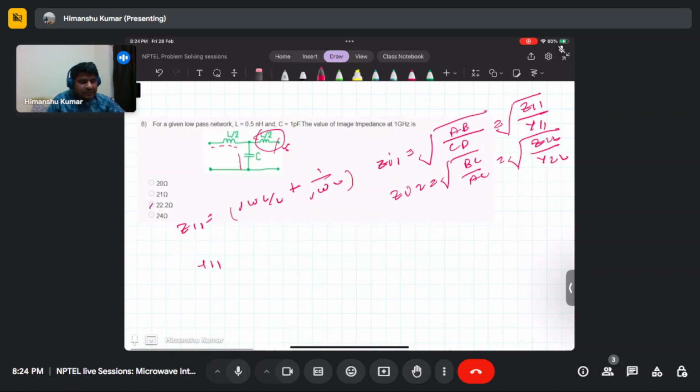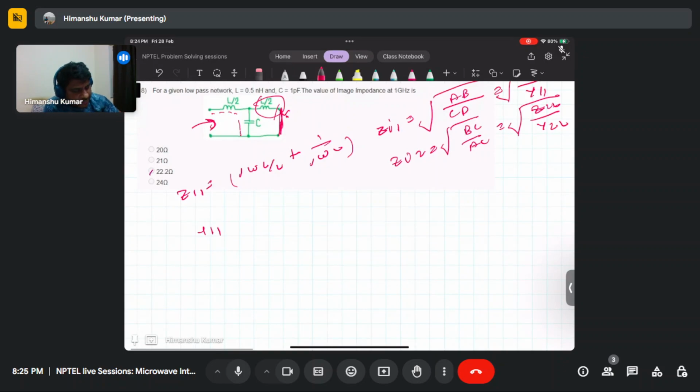So how do you calculate Y11? It is the input admittance, provided that you short circuit the output. So to calculate Y11, it will be like this. This is the capacitance, and when you short circuit this output, then this will become in parallel.